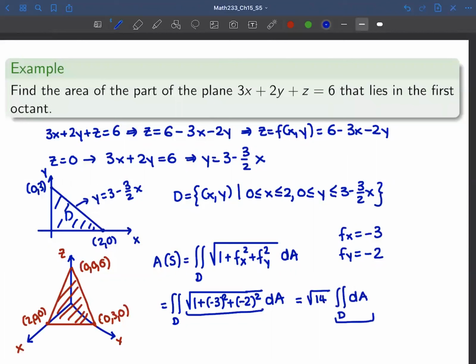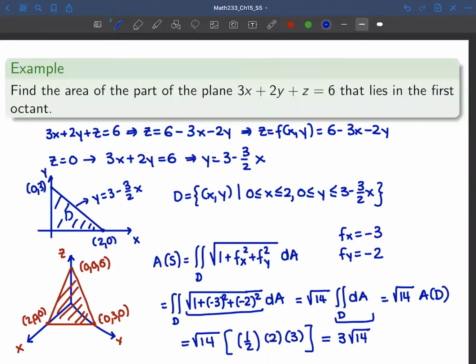So that will be equal to the square root of 14 times the area of the region D. The area of the region D is equal to 1/2 base times height. So 1/2 times base, which is 2, times height, which is 3. That will be equal to 3 times the square root of 14, and this is in square units.